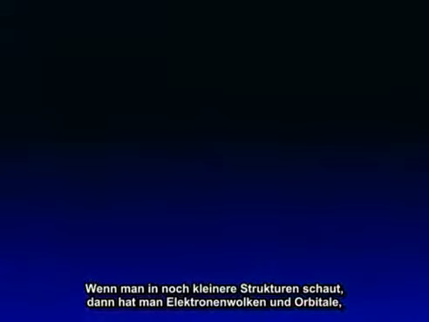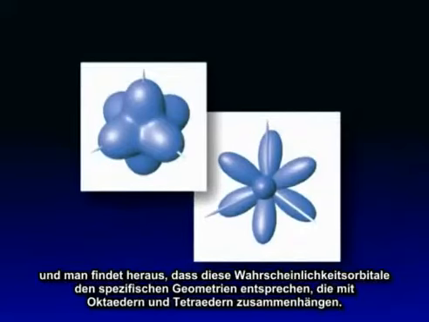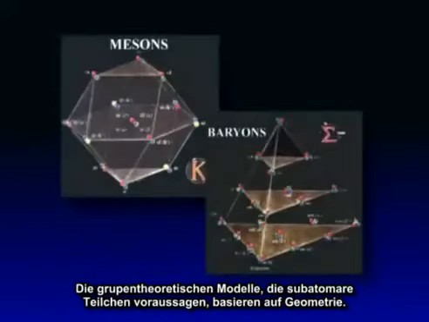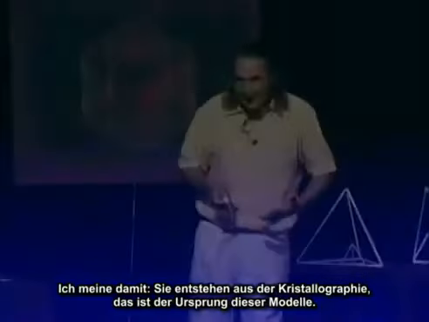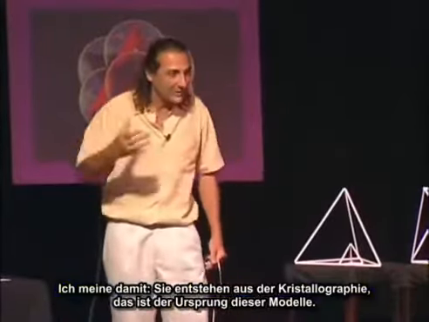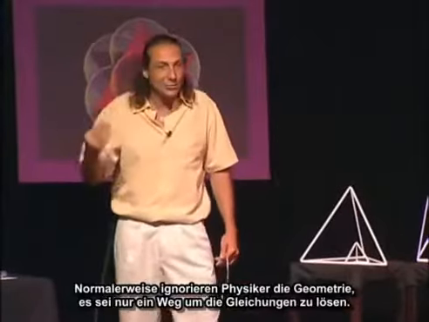If you go even smaller, you're getting to the electron clouds and the orbitals, and you find that these probability orbitals match very specific geometries that have to do with tetrahedrons and octahedrons. The group theoretical models that predict subatomic particles are based on geometry. I mean, they emerged from crystallography. That's where these models came from, except that typically physicists ignore the geometry.